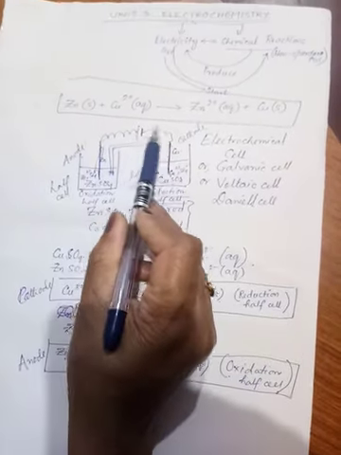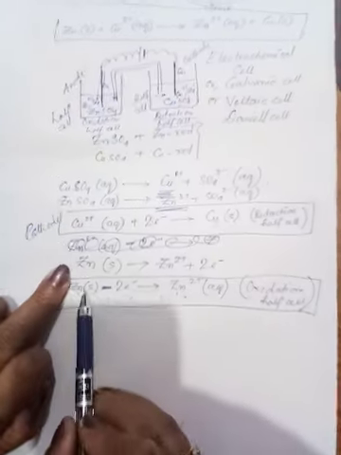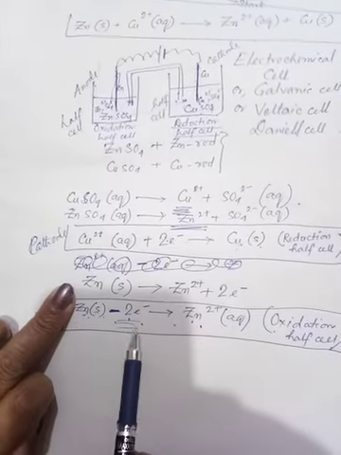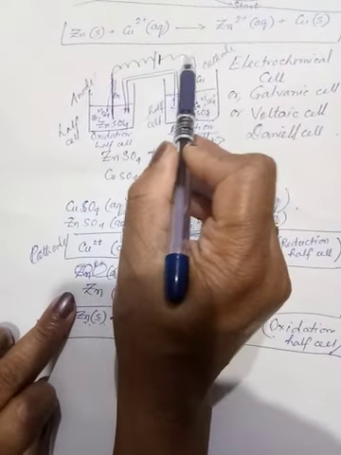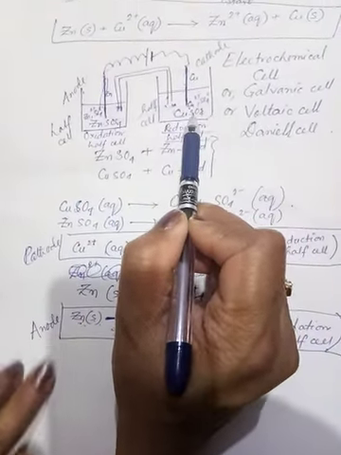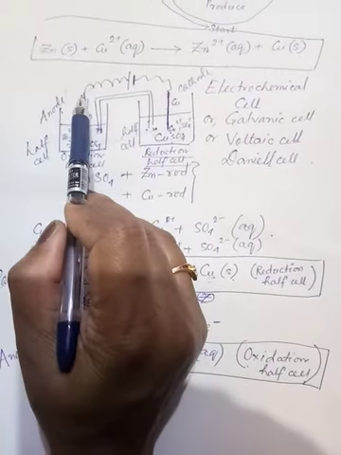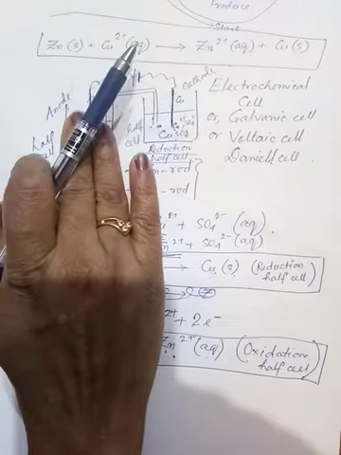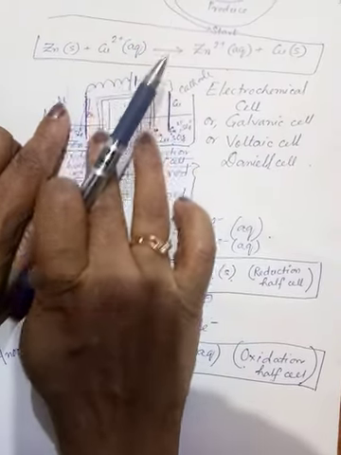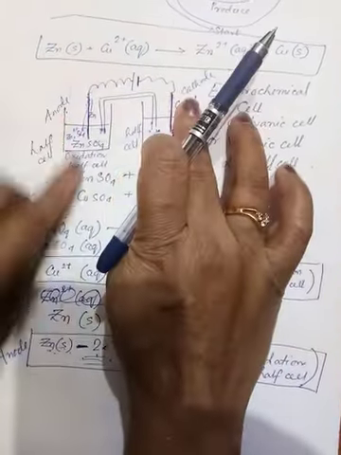From here to here, electrons flow, and you can see very well zinc is giving out electrons, so these two electrons are flowing from here to this side. Because electrons go from one side to the other, a potential difference is generated between this side and this side. That is how the galvanic cell is working.